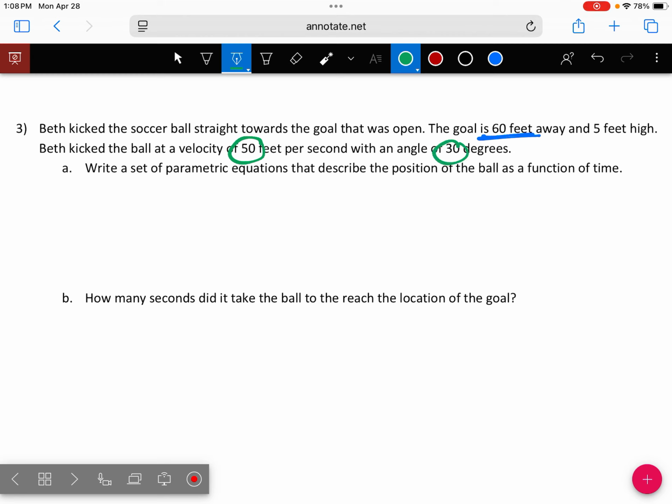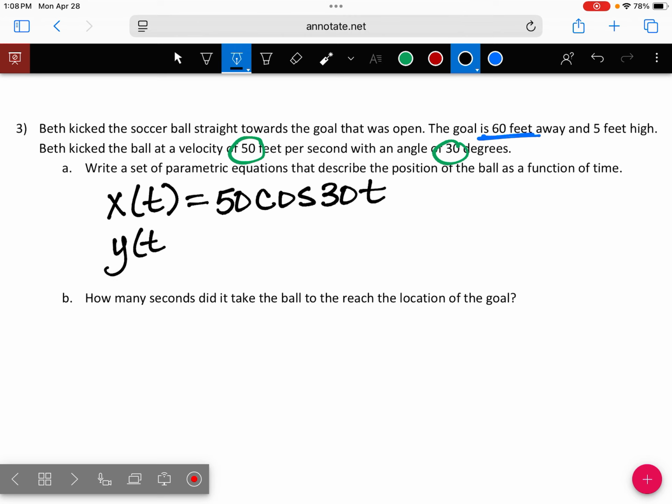So let's write our equation. X of t is going to be her velocity times the cosine of her angle times t. Y of t is going to be, what am I going to start this equation? I got to take negative 0.5 times 32.2.